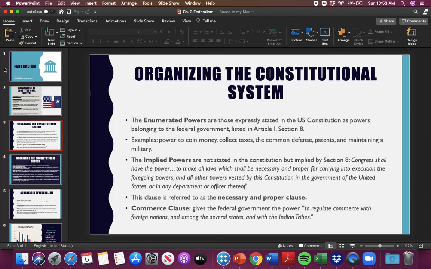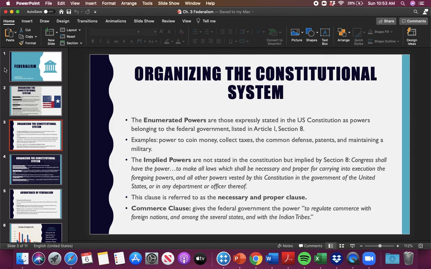Now, the IRS is not mentioned in the Constitution, but under the implied powers, Section 8 gives Congress the power to create laws if they're necessary and proper for carrying out their duties. So they create an agency like the IRS to help them collect taxes, or they create the Federal Reserve to coin our currency, things like that.